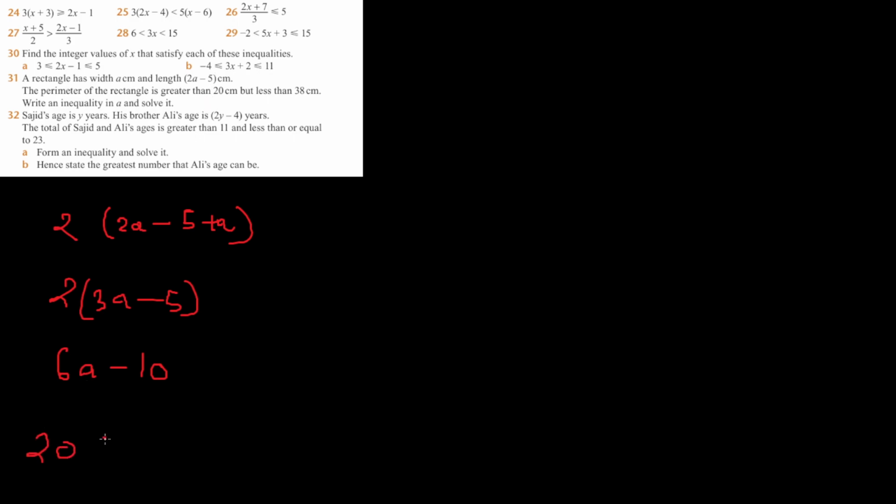So 20 is less than 6a minus 10, which is less than 38. Let's add 10 to all of this. So 6a, this would be 30, and 48. We can see that 30 and 48 can be divided by 6. So that would be 5 less than a, and we know 48 divided by 6 is going to be 8. So this is our inequality.